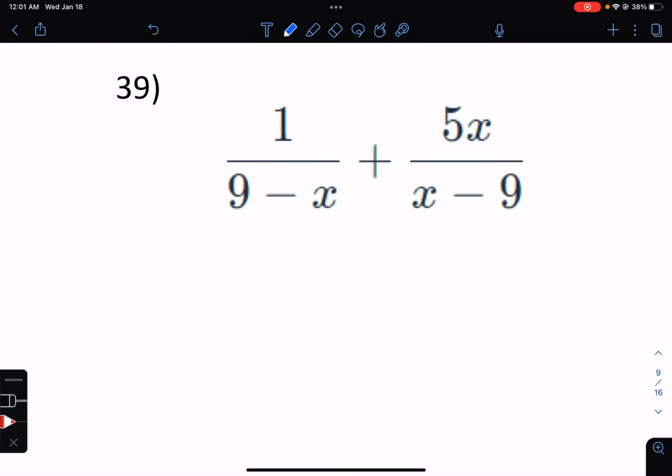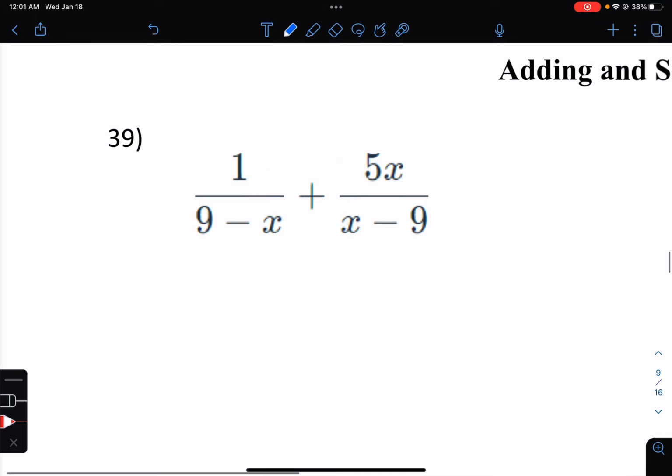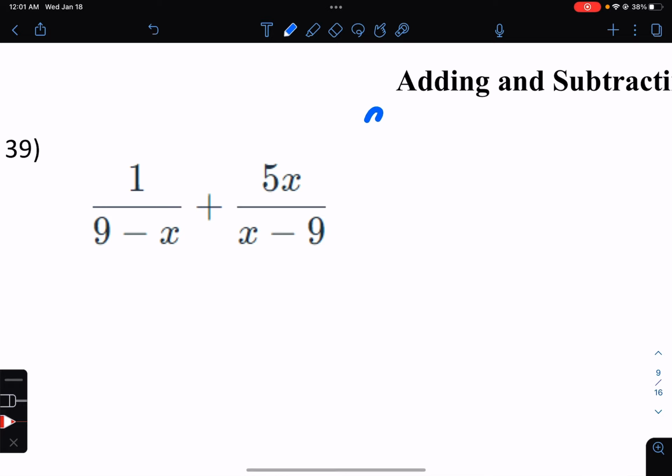All right. So taking a look here, off the bat, it kind of looks like these are similar, right? However, we talked about it previously, how 9 minus x is not the same as x minus 9, right?